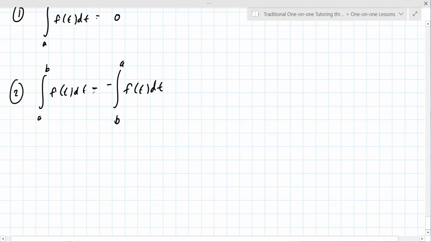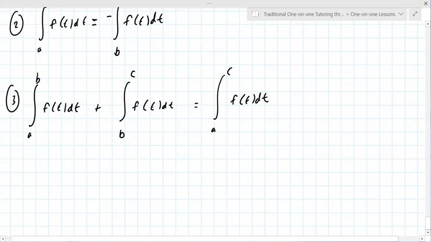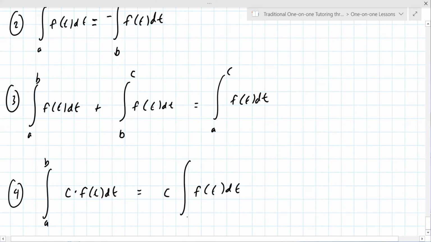And another one was, if the integral from a to b of f of t dt plus the integral from b to c of f of t dt equals the integral from a to c of f of t dt. And I think another one was that you could bring constants out. So the integral from a to b of a constant times f of t dt is the constant times the integral of f of t dt. Basically all the normal things that you would know to do seem to work here.